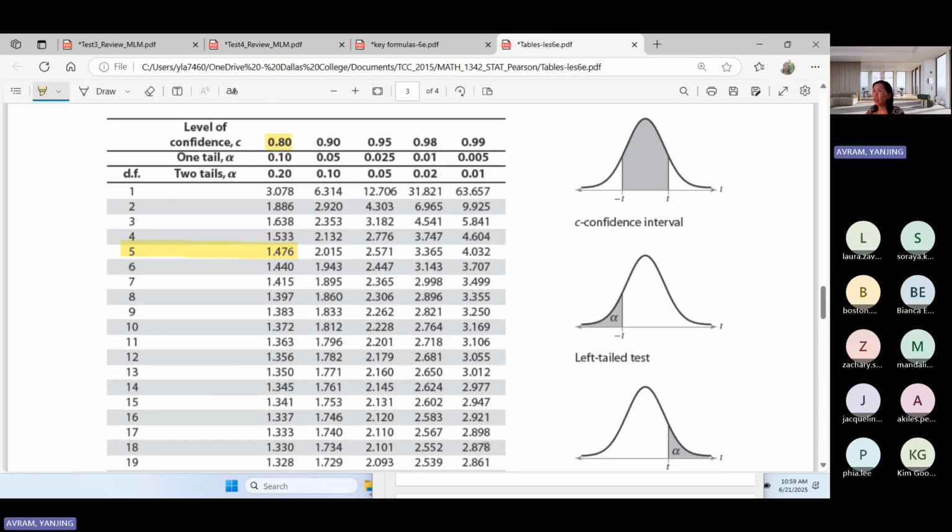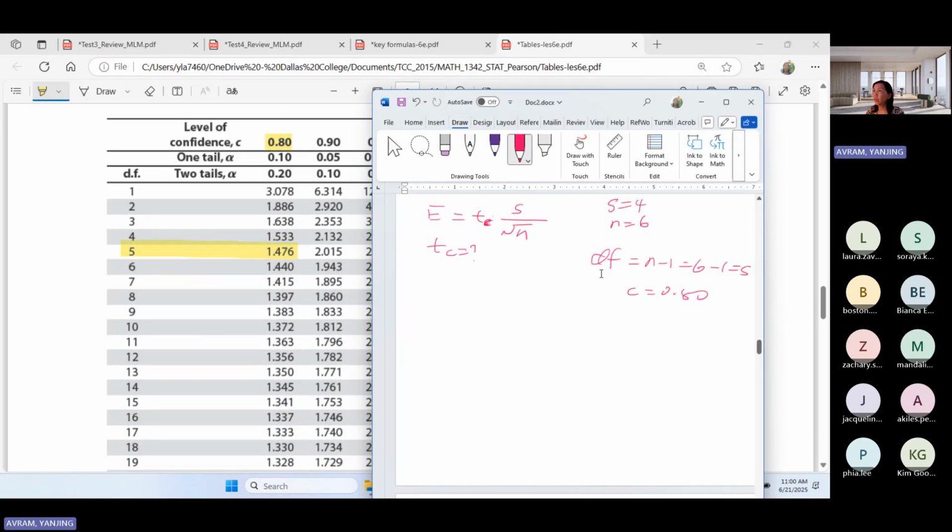Remember, the T table always uses DF, degrees of freedom, so make sure you remember to use n minus 1. So my T sub C here is 1.476. So my E here will be 1.476 times X, which is 4, over square root of n, which is 6.